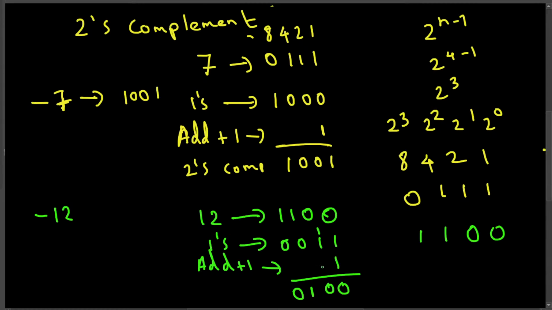And we added 1 to this, that gives us 0 here, and I carry 1, 1 plus 1, 0, then 0. Okay. So the final answer here is 1, 1, 0, 0... that is our 2's complement.